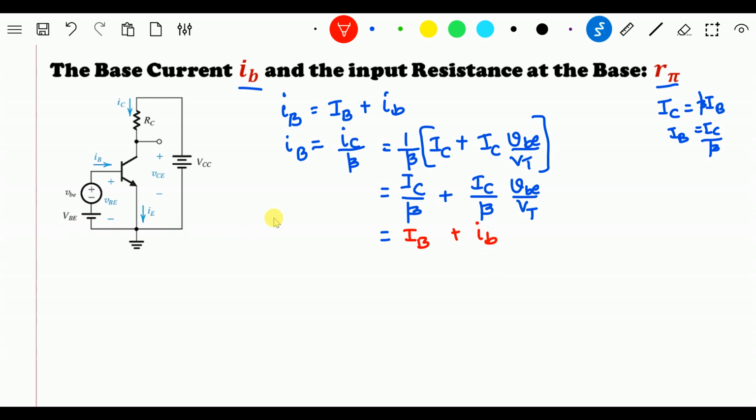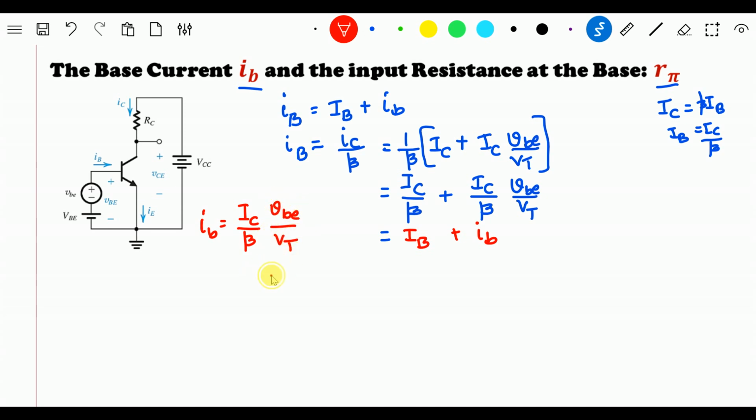Therefore, I can say that the AC base current ib equals IC by beta into small vb by VT.